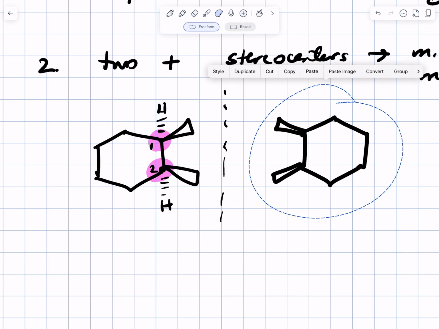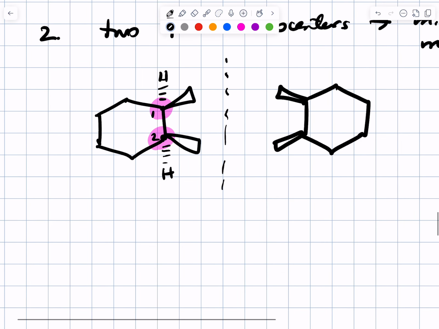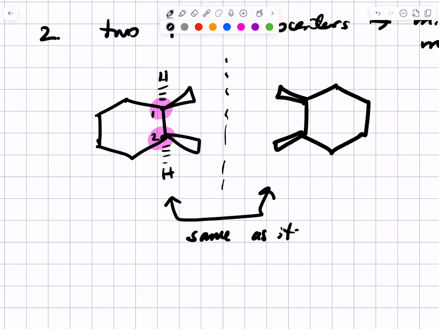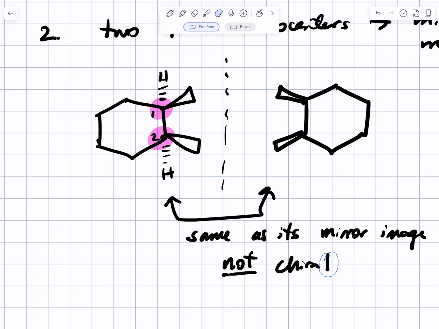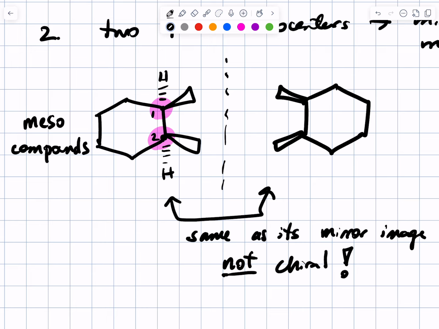So this is a molecule that has stereocenters, but is the same as its mirror image, and is therefore not chiral. Molecules that have stereocenters but are the same as their mirror images and are therefore not chiral are called meso compounds, and I'm not sure why they're called that, but meso compounds are the worst because it's easy to be deceived.